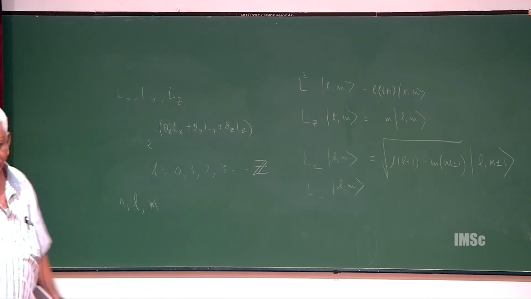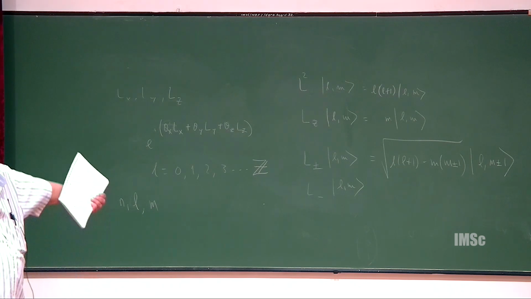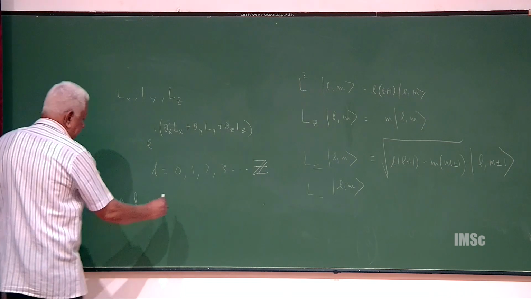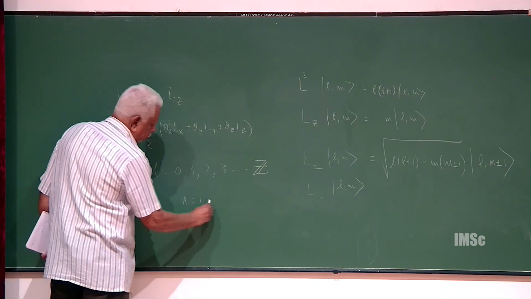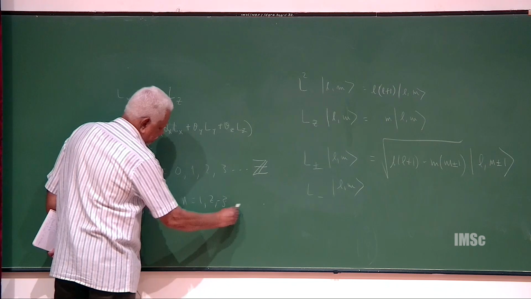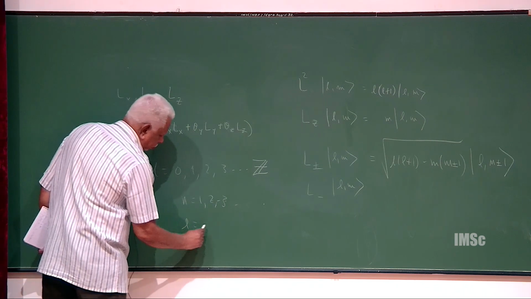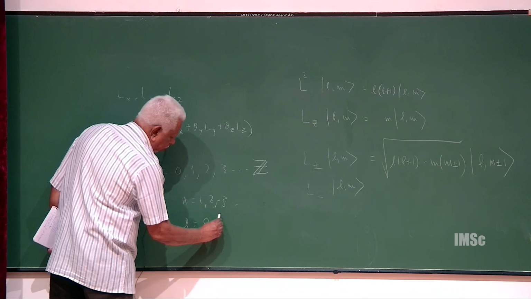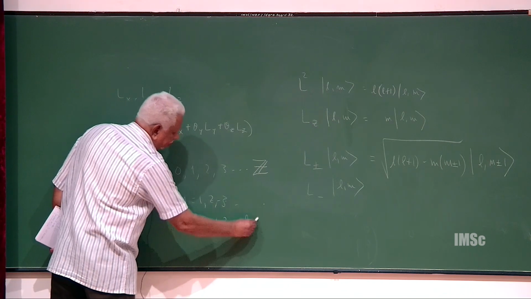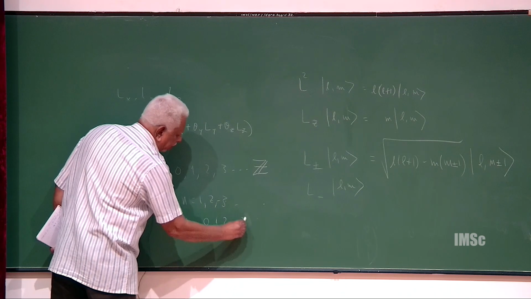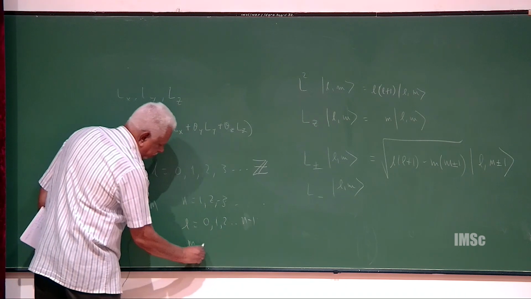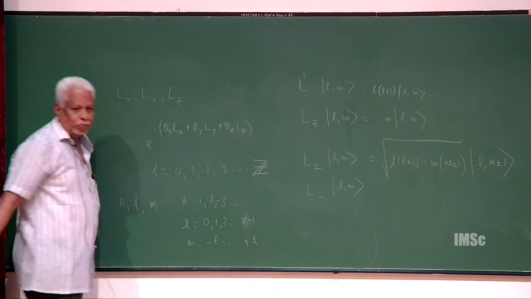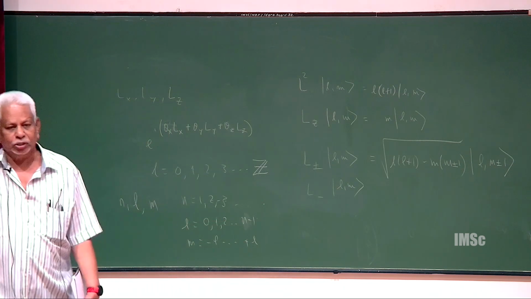That is what you are taught, right? All of you are taught these 3 things, and n is going to be 1, 2, 3 up to infinity. L is 0, 1, 2 up to n minus 1. M is minus L to plus L. This is what you have.